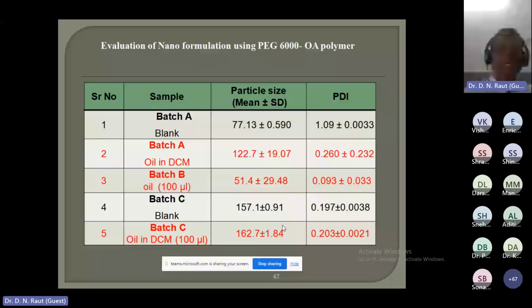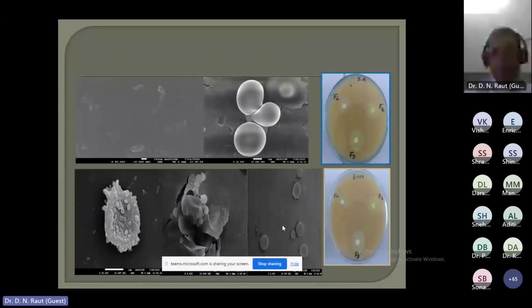We have checked it and we got this type of particle size difference, and we have compared it with a plant that was prepared without any oil or drug incorporated into it, and further we have evaluated it with SEM images. The surface morphology was examined for this purpose.